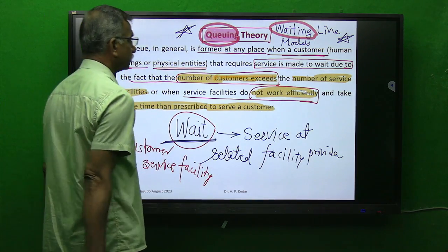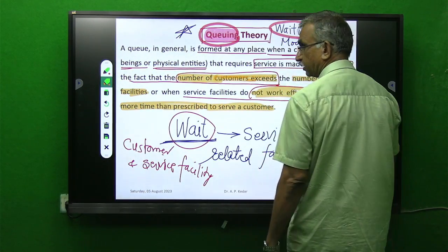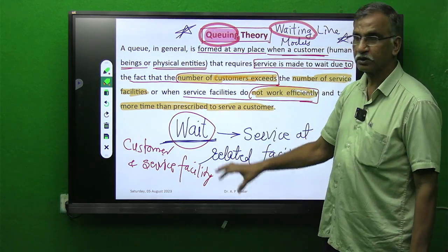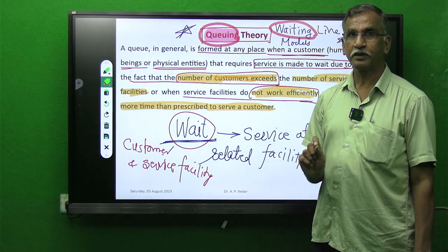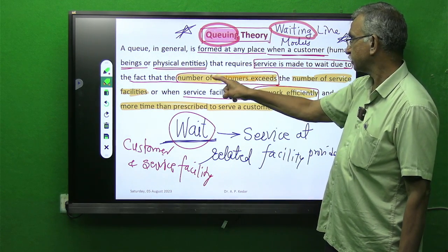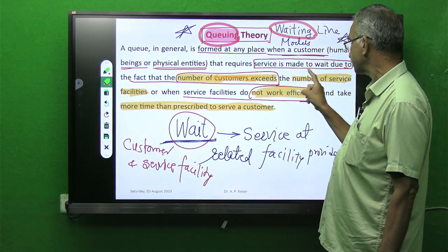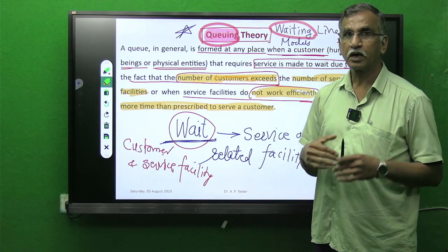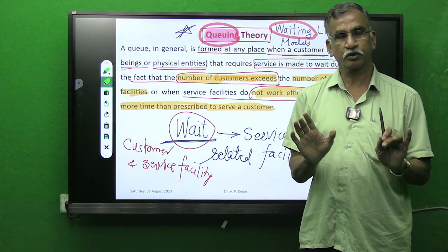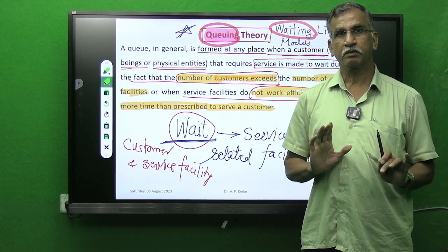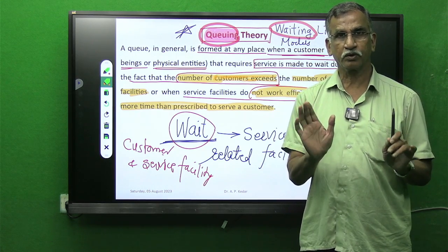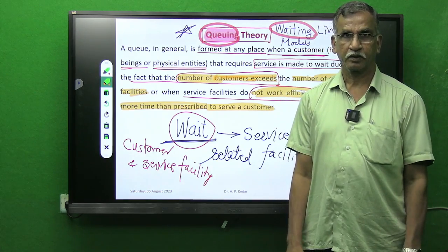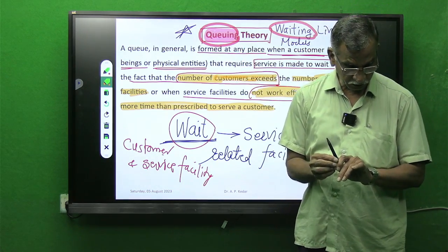So these five sentences written over here are very important to understand why queues are formed in real life. First, the number of customers exceeds the number of service facilities, that is one reason. Second, service facilities are not working efficiently. They are there, but they are very casual. They are not taking cognizance of the customers who are to be served in the right manner. That is the reason why queuing theory is formed.